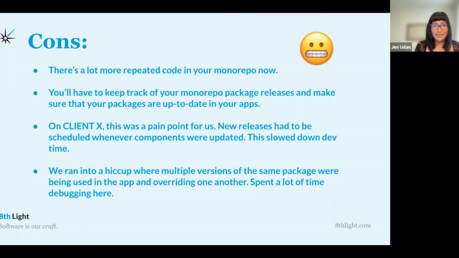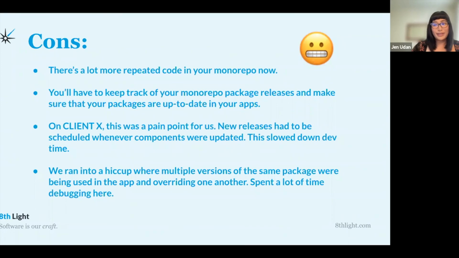New releases had to be scheduled whenever a component was updated. So a designer would say, we changed the design of this component, we want you to add these three things. We couldn't just go into the component and make those changes and voila, it pops up on the front end. Everybody's happy, the users see it, stakeholders see it. It didn't work that way.